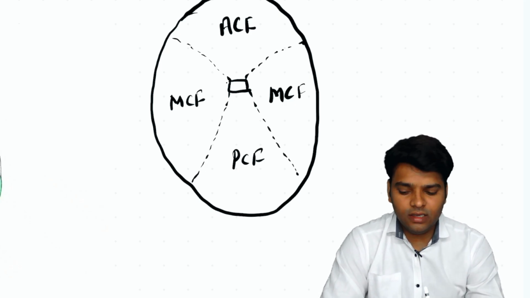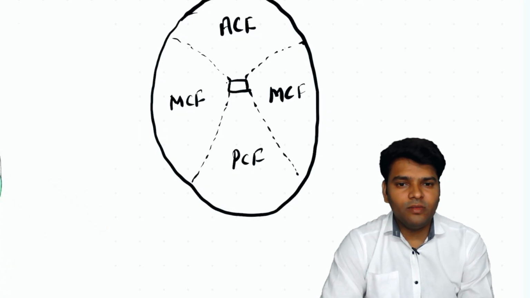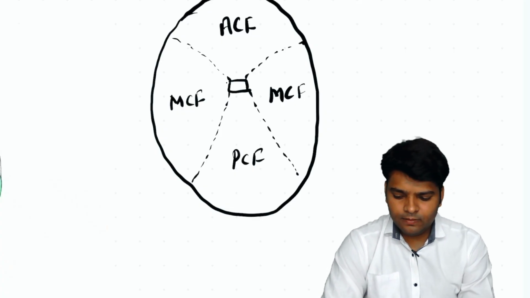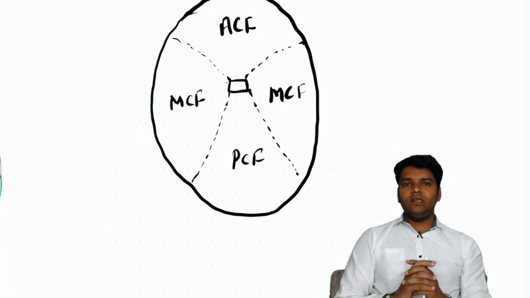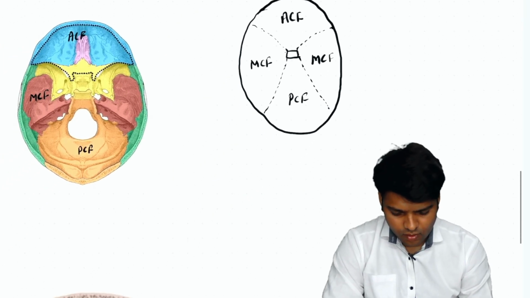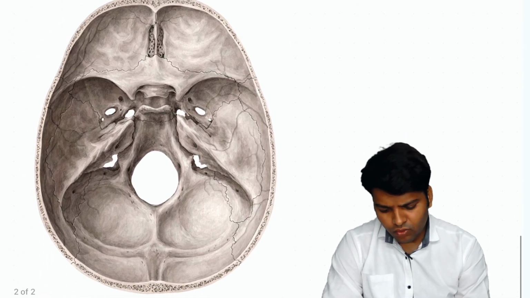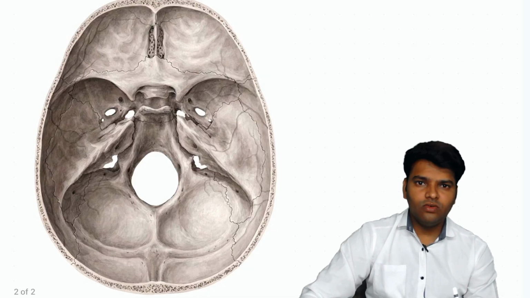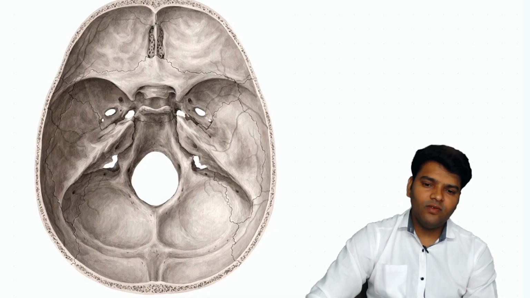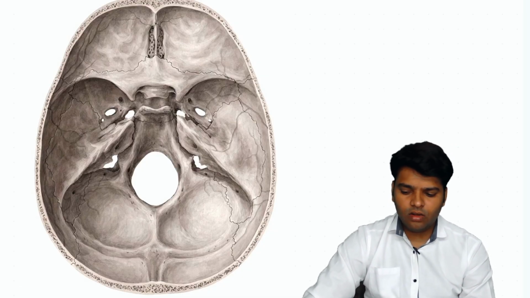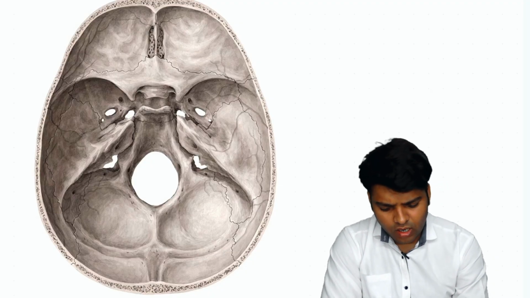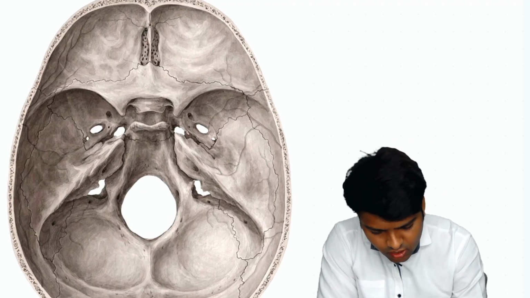So now let's see all those foramina one by one, and what structures pass through them. Please come to this new diagram, and here we will try to learn all the things.